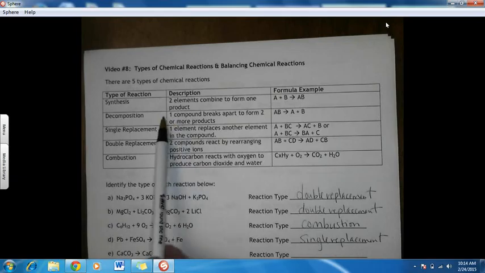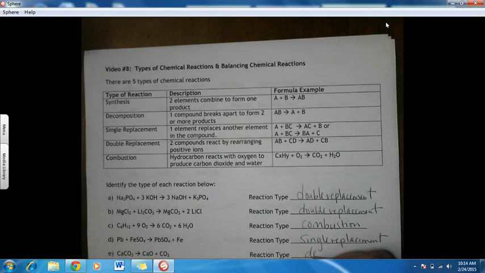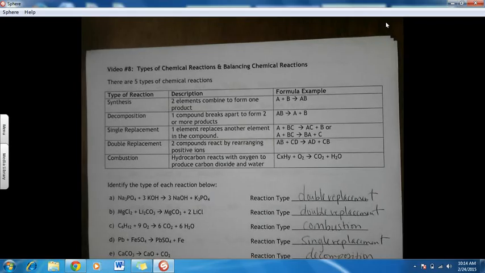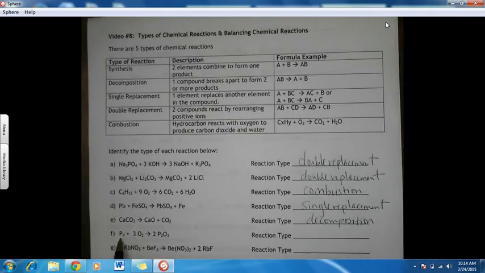So again, we have one thing that's breaking up into 2 or more products, and so here this would be a decomposition. On the next one, we have phosphorus plus oxygen forming diphosphorus trioxide. So 2 elements combining to form a product is a synthesis reaction.